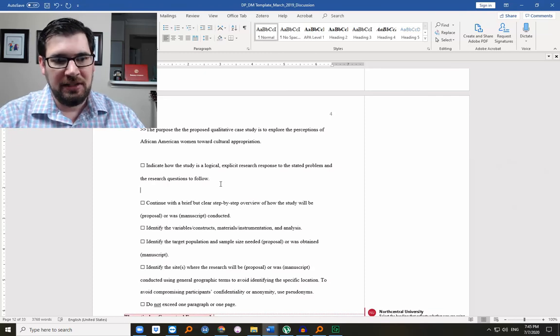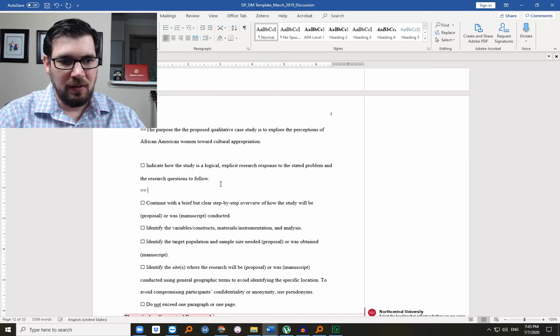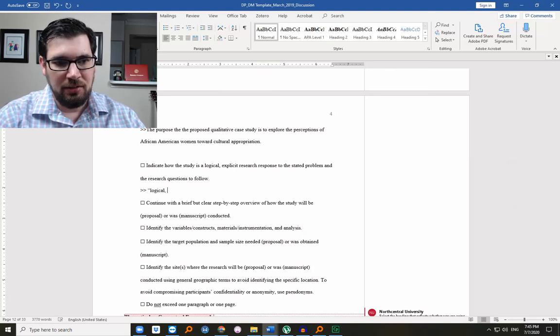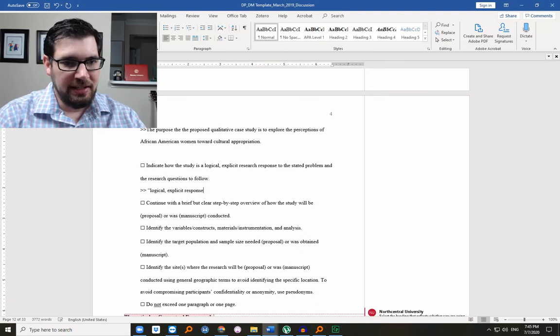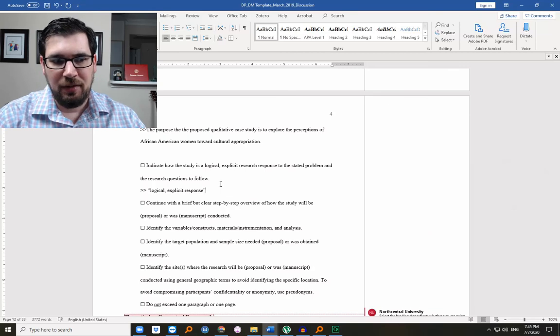For these students, I want to see the words logical, explicit response in the sentence. If you point this out, it signals to the committee that you are covering it.